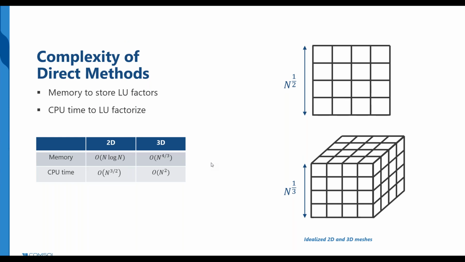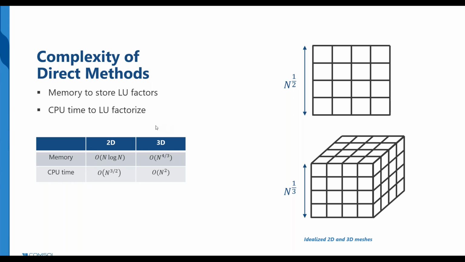When we say that the direct method scales poorly, this is what we mean. We have two aspects: the CPU time and the memory to store the LU factors. In 2D, it's not too bad. In 2D you can rather safely use direct solvers.